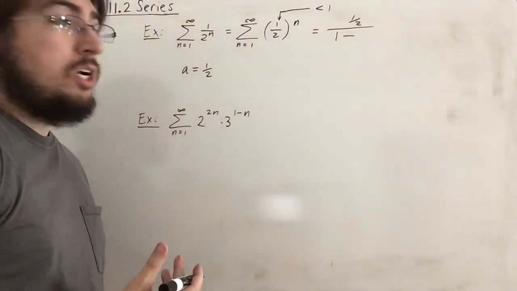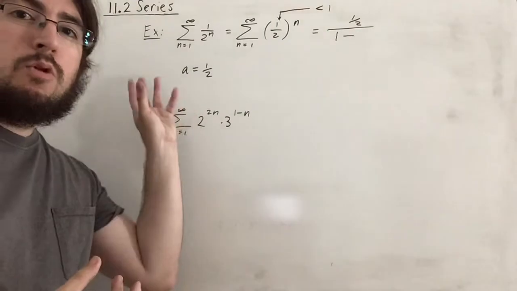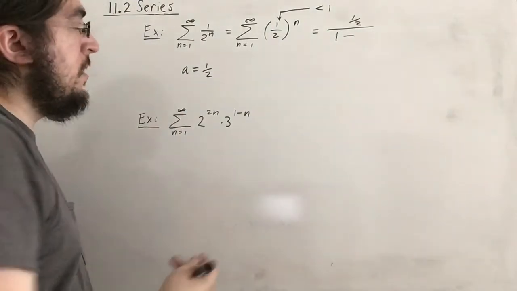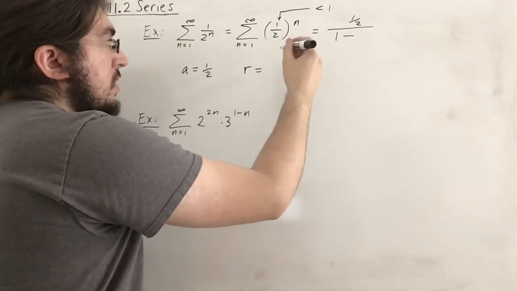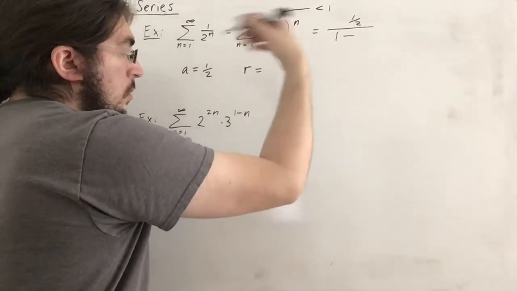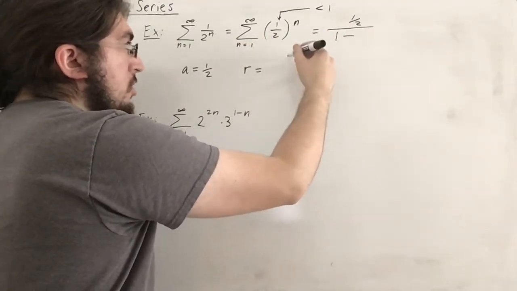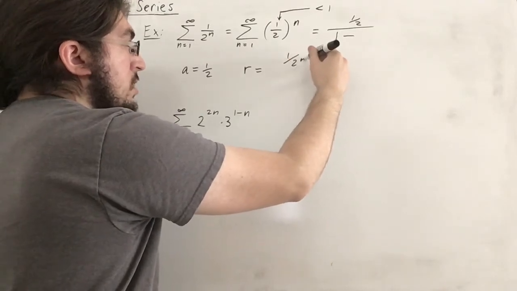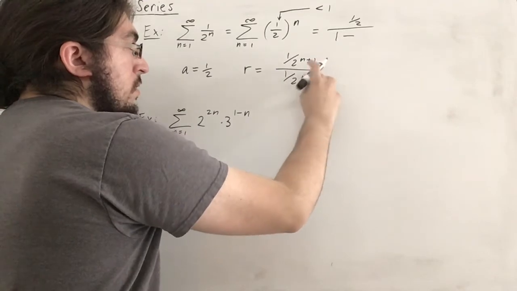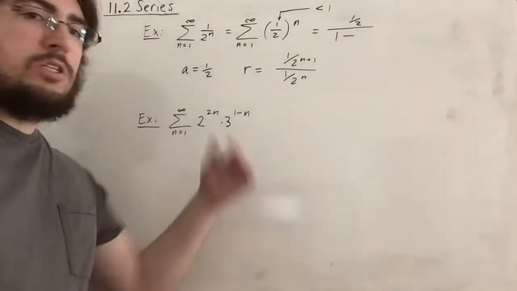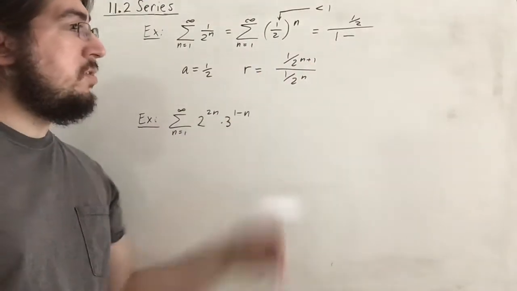So it's going to be 1/2 over 1 minus the ratio. Now remember, the ratio is what you multiply to get from one term to the next. In fact, a nice way of doing it is to consider r being the next term in the sequence, 1 over 2 to the n plus 1, over the term before that, namely 1 over 2 to the n.